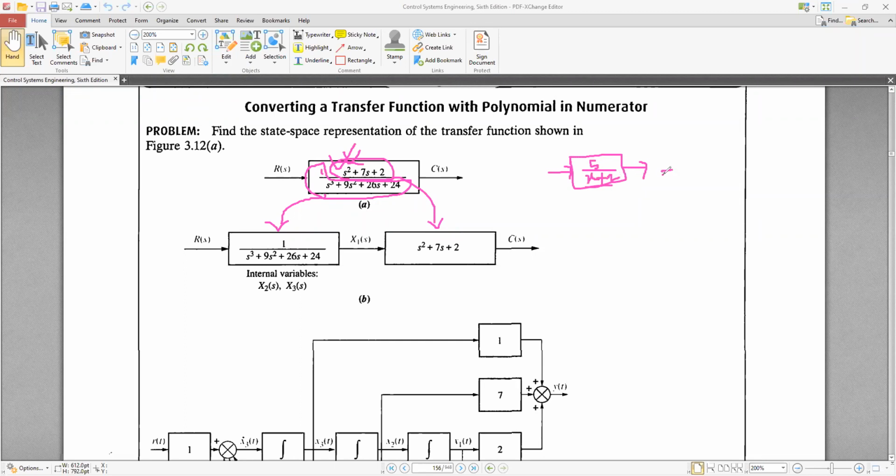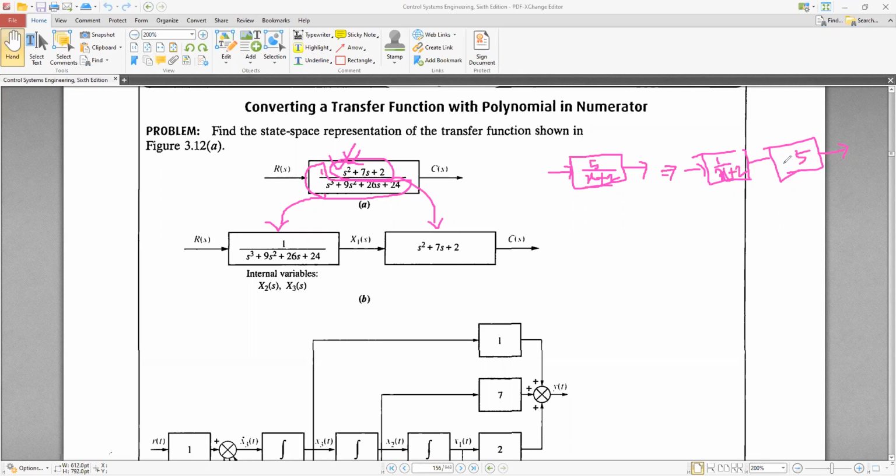You can write this in this form: 1 over s plus 2, and here the 5. Similar thing happened here.